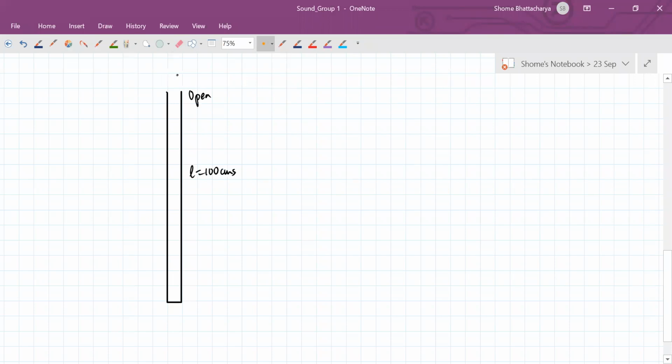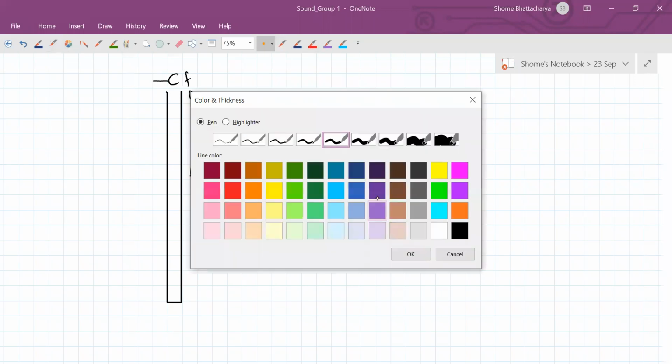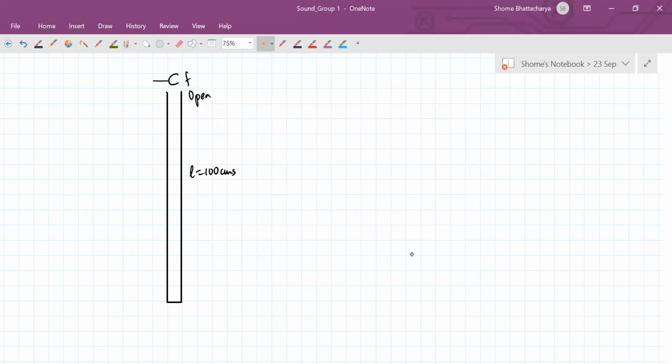Now we are keeping a tuning fork here of some frequency f, and we are seeing that the first resonance occurs when the level of water is 5 centimeters. So let's say it's here.